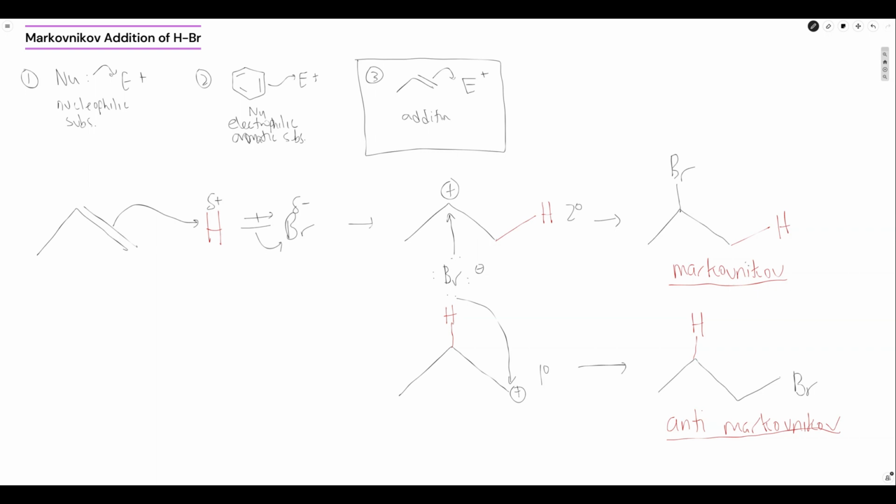Actually, there's a much better way of thinking about this, which is that the carbocation goes to the more substituted position. Why? Because the more substituted position is better able to stabilize that intermediate carbocation through inductive effects. In this case, we have two alkyl groups stabilizing this intermediate carbocation.